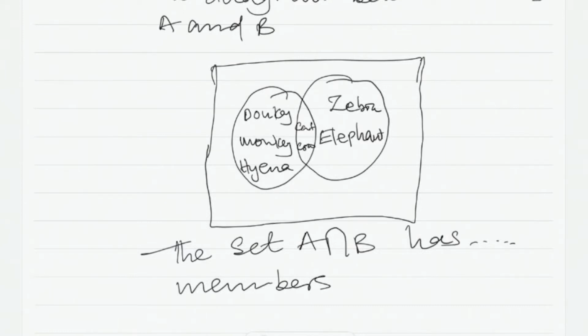So we are told to find out how many members. So A intersection B, we are looking at these. So the members which are there are two members, that is cow and cat. So the answer is D. We're looking at question number 34.